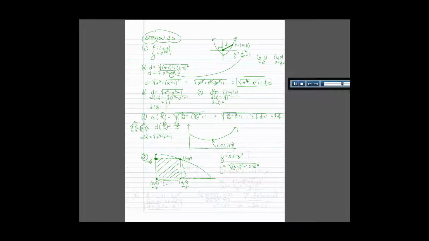And when you simplify that, you get square root of x squared plus 0, or the square root of x squared, which is just x. So I know my length is x.